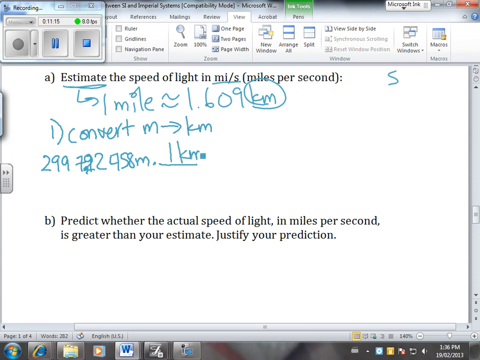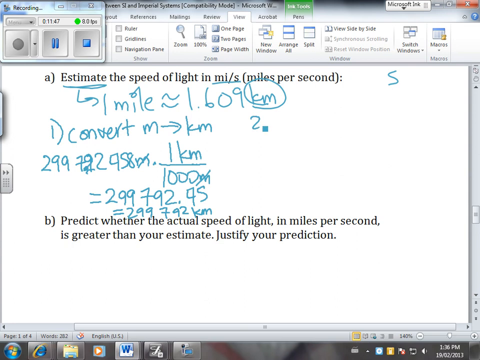In every kilometer, how many meters are there? 1,000. Those would cancel out. And so we end up with 299,792.45, or if we round this off to a whole number, 299,792 kilometers.